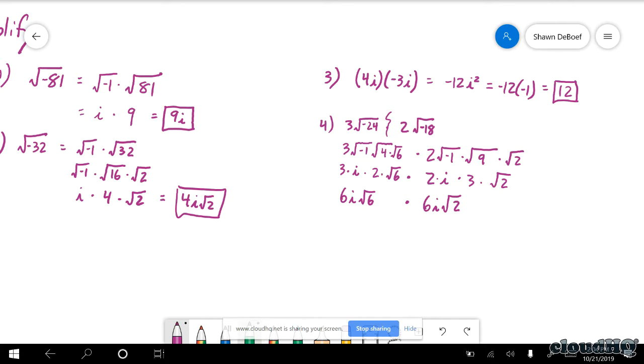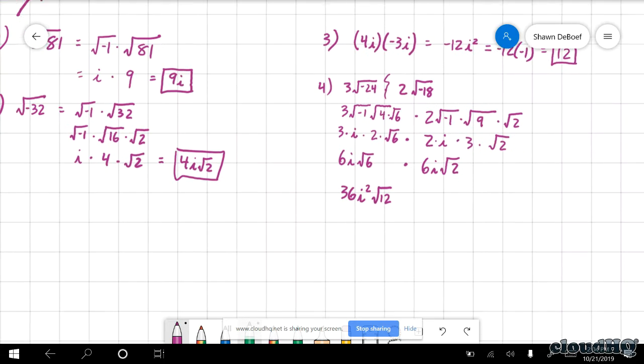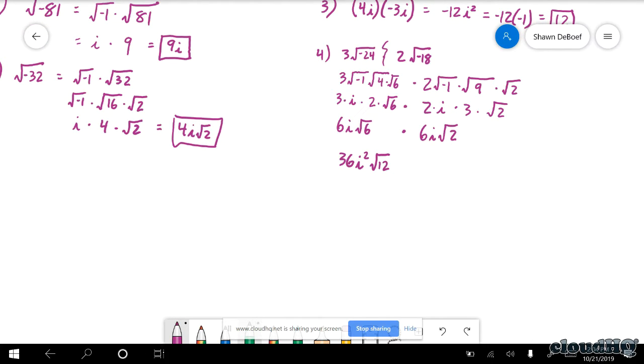So when we multiply them together, 6 times 6, 36, i times i, i squared, square root of 6 times square root of 2 is square root of 12. And then now I need to simplify that further. What does i squared equal? Equals -1.